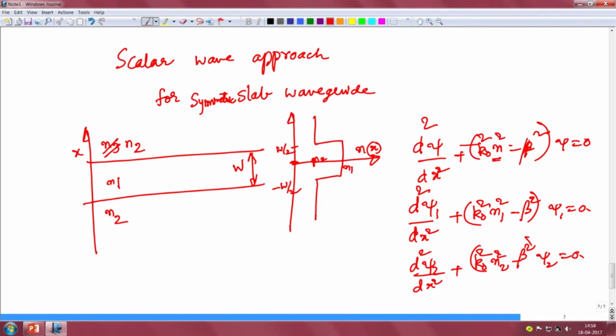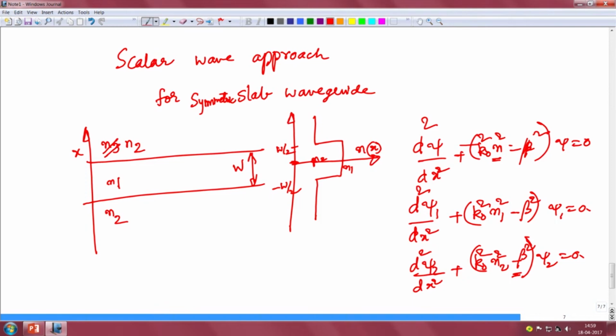So, we have split the wave equation into the core region and cladding region, but we should remind that psi is a composite function having some value in the core and another value in the cladding, and refractive index also has different values in the core and cladding, but the beta, the propagation constant, belongs to the entire waveguide and wave propagation.